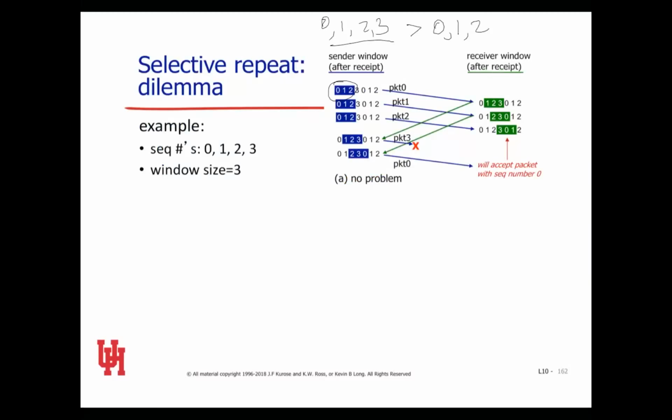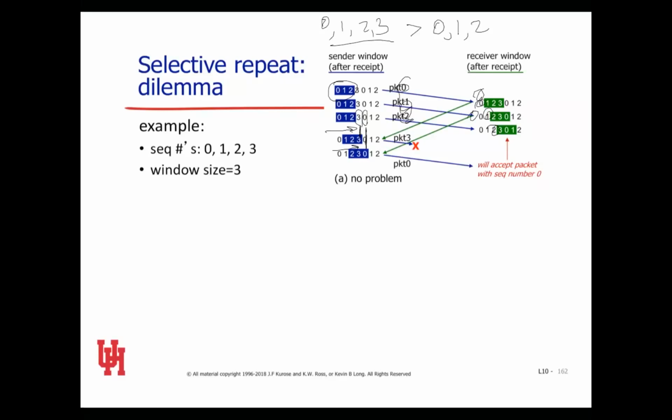Well, first of all, if we drop a packet, no problem. So I've sent 0, 1, and 2, and I've received 0, 1, and 2 over here. And I sent acknowledgments back for 0 and 1, and that slid my window over, right? When I received 1 acknowledgement, I moved over 1 spot. When I received another acknowledgement, I moved over another spot. And when I moved my window over, I had room to send 3, and then I had room to start over my sequence numbers and send another 0.